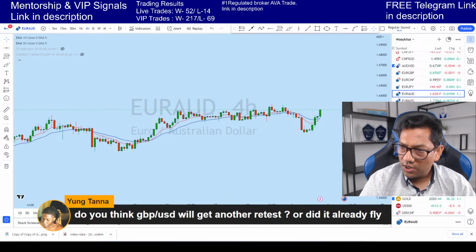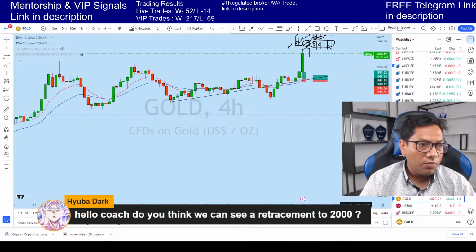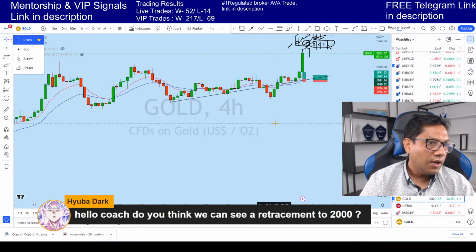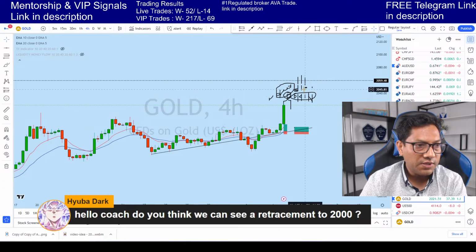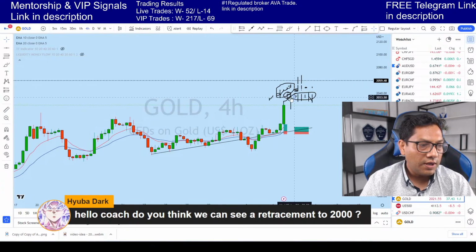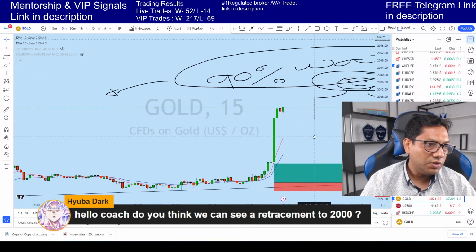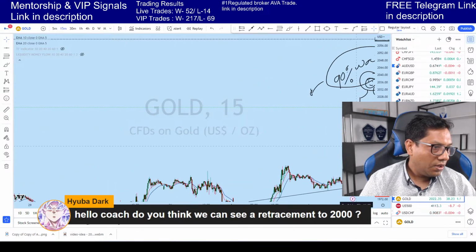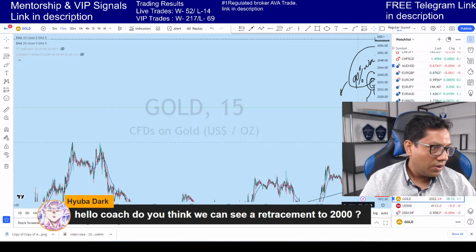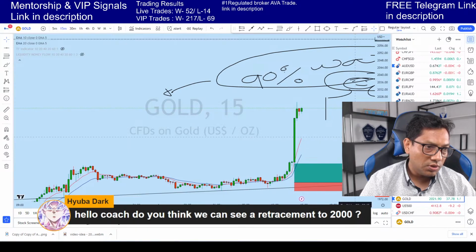Hello guys, do you think we can see retracement to 2000? Exact number cannot be told. What I think is that at any level, if we see that the price is again making a false breakout on the lower time frame, you see this is the 15 minutes, we're saying the 2000 level, yeah, could be, or if I look at this high, it could come down to the 2000 level.